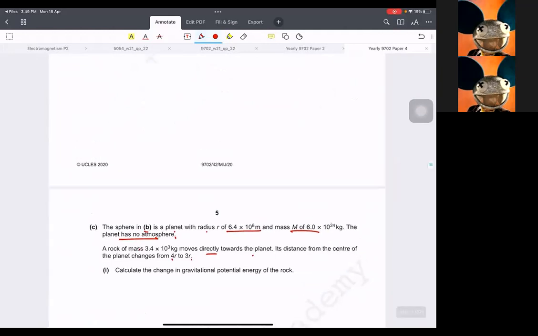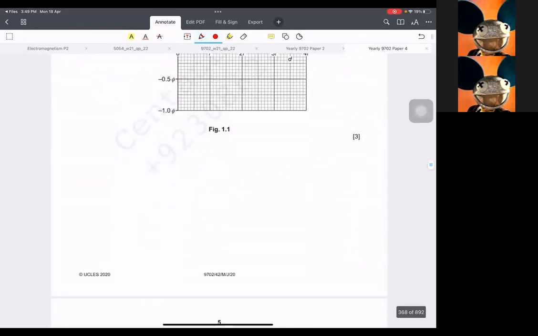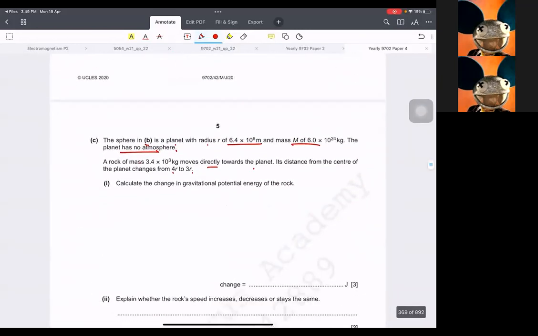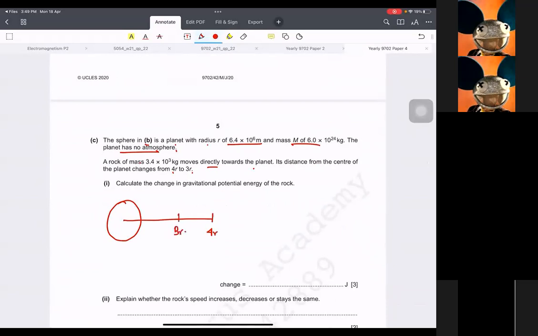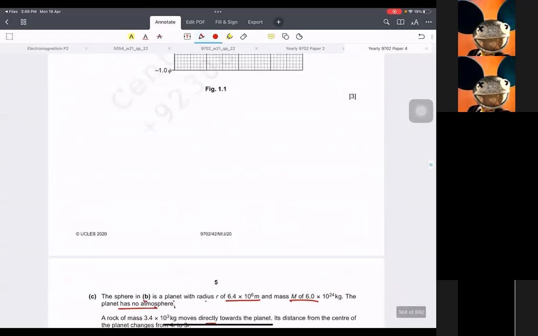Calculate the change in gravitational potential. So this is that planet, and this is say 4r. I skipped the B part.